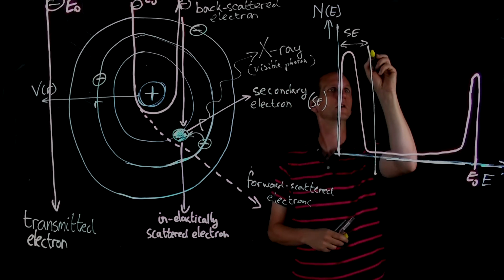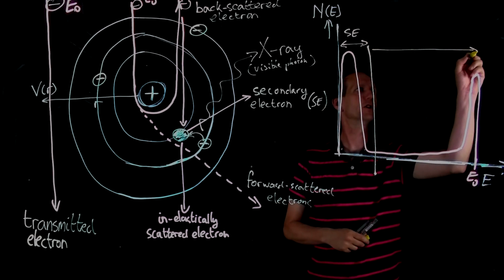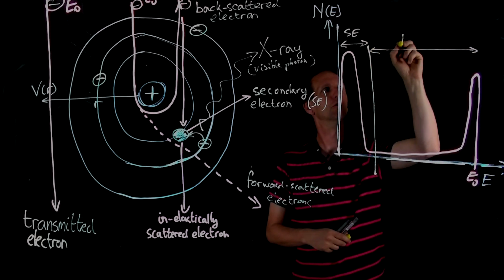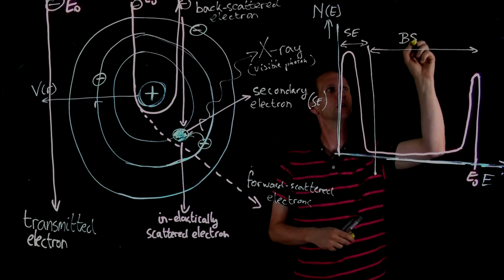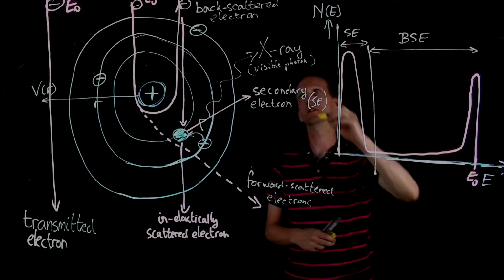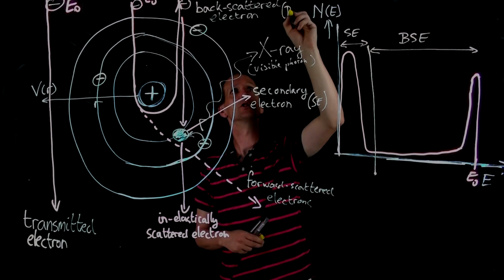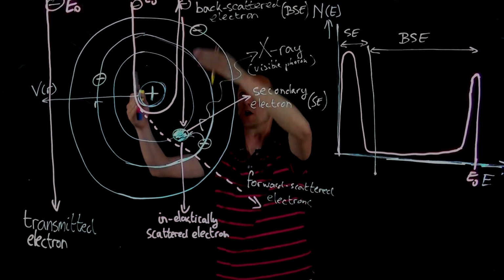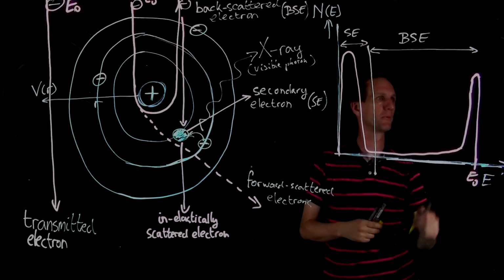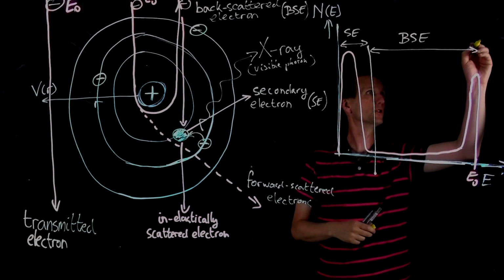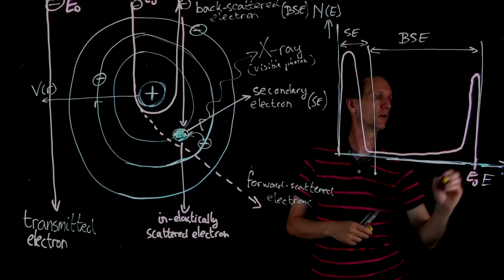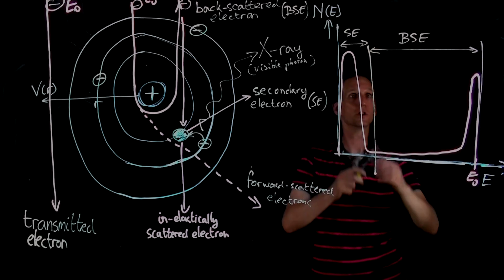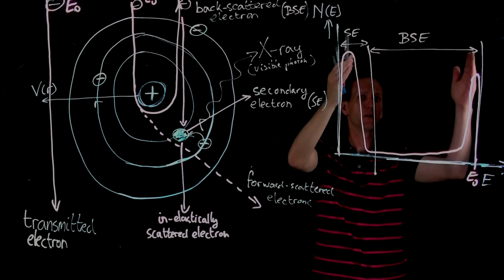And then here we have a wide range of energies, which are all what we call the backscattered electrons, or the BSEs. So those are the ones we had here, the incoming ones that are deflected and scattered back up. This distribution ends here at E0. Now note that this BSE range is very broad.